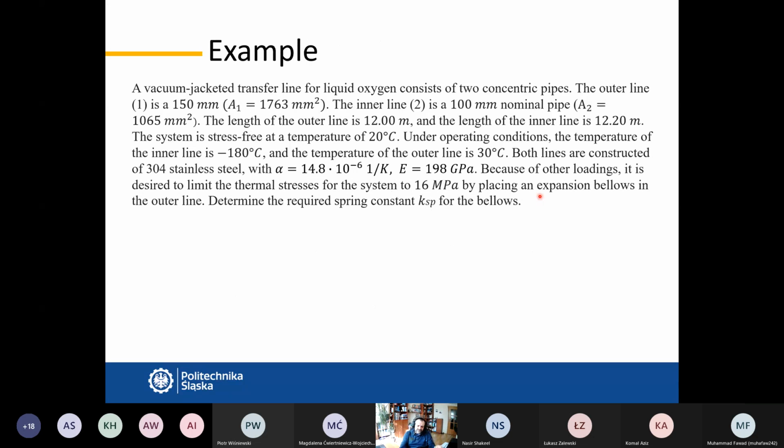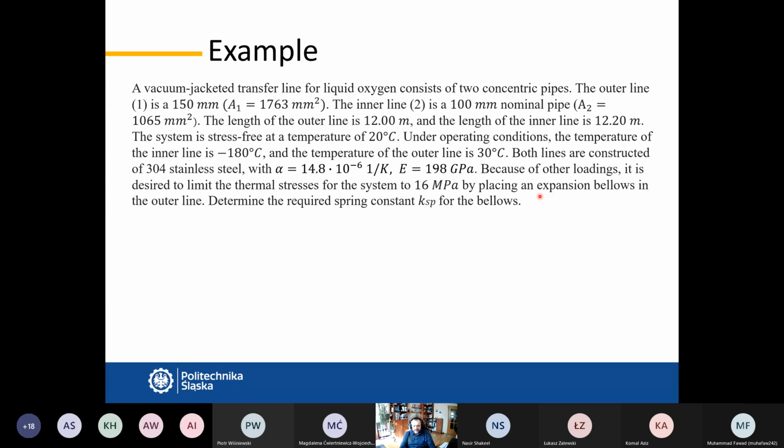Okay, and an example, we have a vacuum jacketed transfer line. So again, pipe in a pipe for liquid oxygen, which consists of 2 concentric pipes. The outer line is again 150 millimeter and the inner is 100 millimeter nominal pipe. So very similar case as it was before. The connection is slightly different. The entire length of the system is 12 meters, so it's longer than previously.